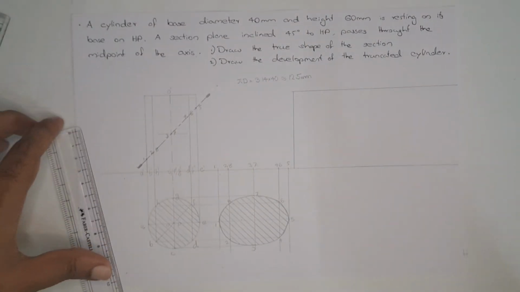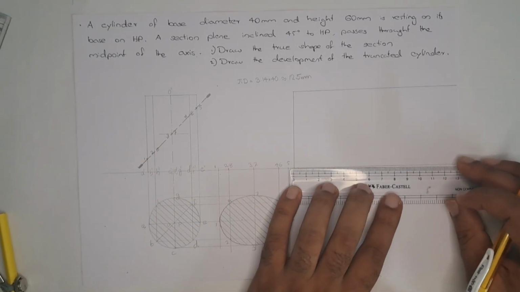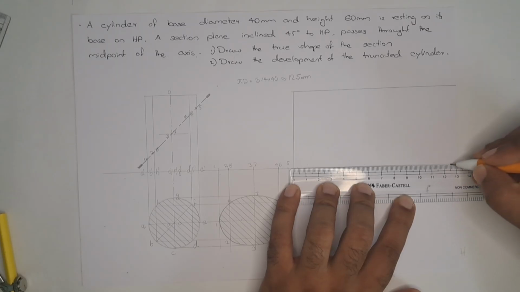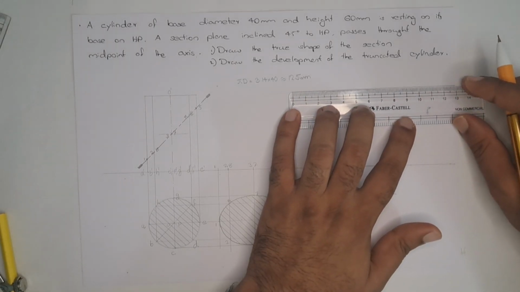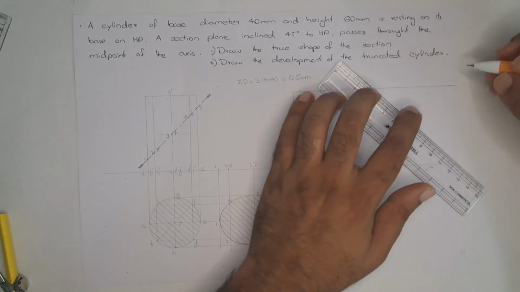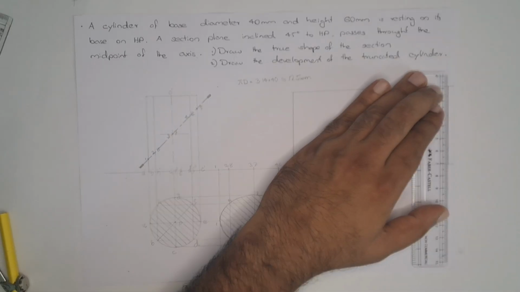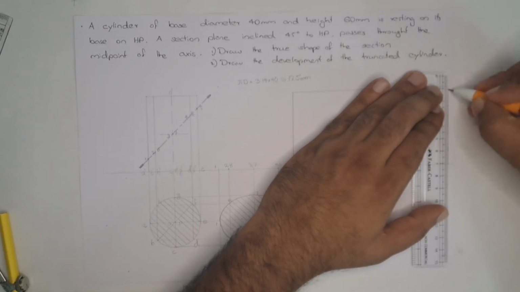Now we need to take 12.5 centimeter or 125 mm on both. Now we can close it above the extra, close it.